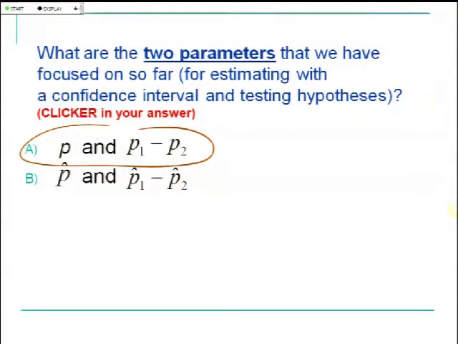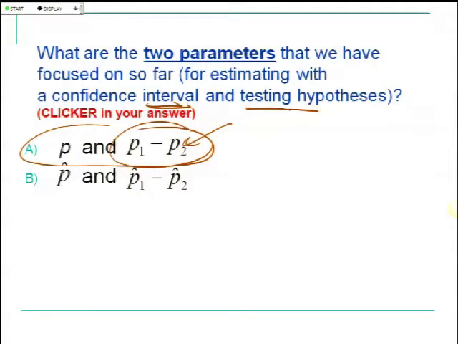We have also gone through the same inference techniques, confidence interval estimation and testing of theories for the difference in 2 population proportions. For that parameter, we only handled the large sample case. We did the z confidence interval. We did the large sample z-test together last time.